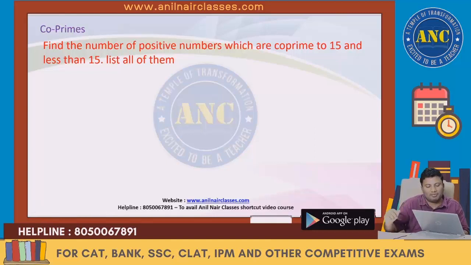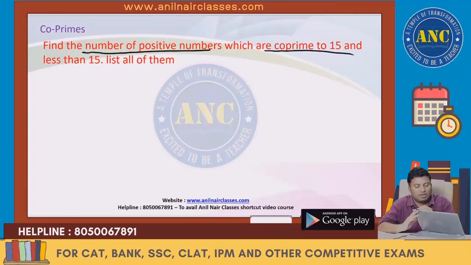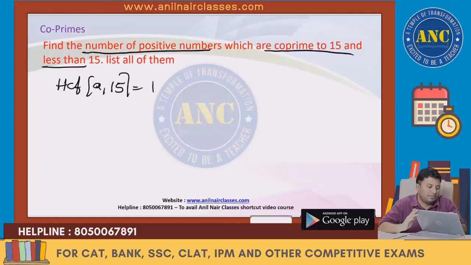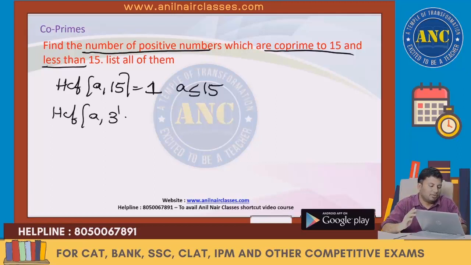Find the number of positive numbers which are co-prime to 15 and less than 15. Co-prime to 15 means HCF of a comma 15 will be 1, with a less than or equivalent to 15. This is nothing but HCF of a comma 3 into 5 equivalent to 1.